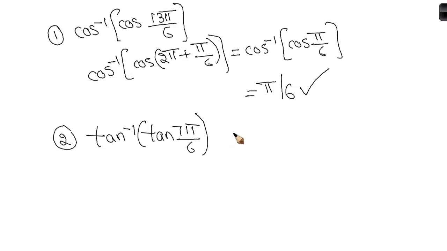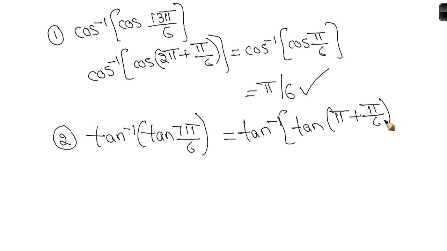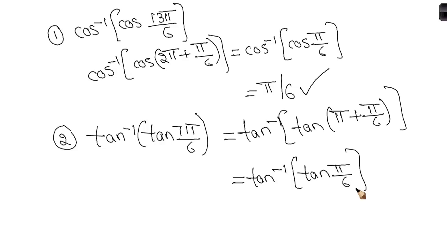So this can be written as tan inverse of the principal value of tan of pi plus pi by 6. Tan of 180 plus theta is the same as tan theta. So this becomes tan inverse of tan of pi upon 6. Tan inverse of tan of pi upon 6 would be equivalent to pi upon 6. This would be the answer.